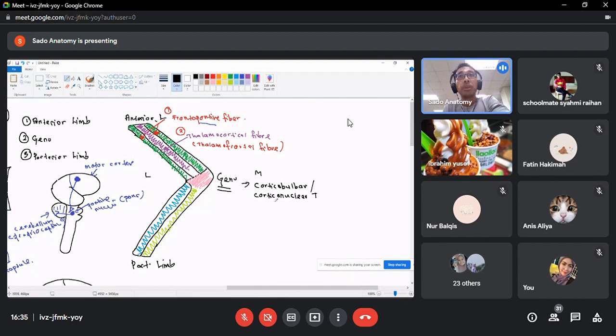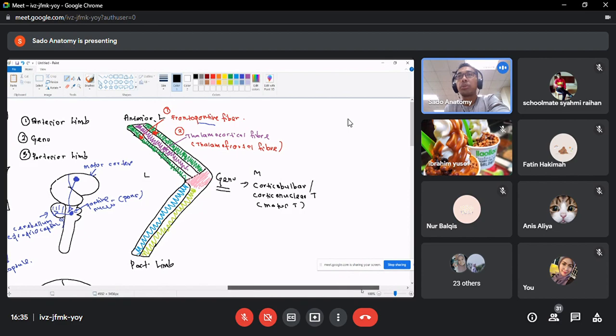And please remember, these are motor fibers, motor tracts. What is the corticobulbar tract? What is the corticonuclear tract? Listen carefully, class. I draw a simple diagram over here to show you what the corticobulbar or corticonuclear tracts are.